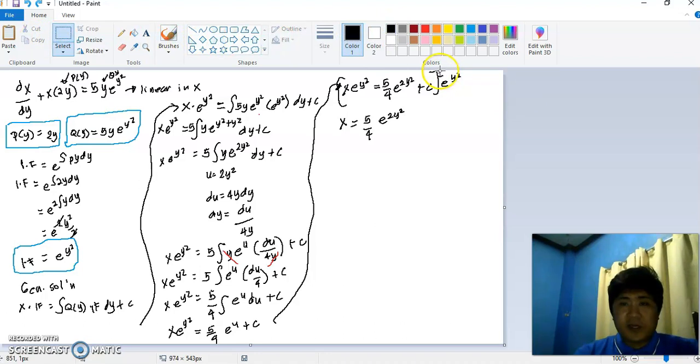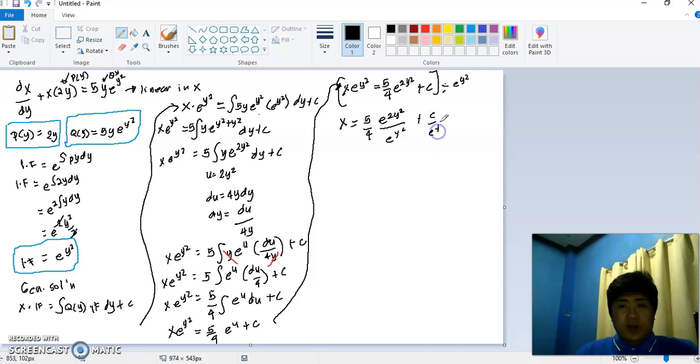Let me erase first. So this is actually divided by e raised to the power of y squared. Now divide this one with e raised to the power of y squared, plus c over e to the y squared.